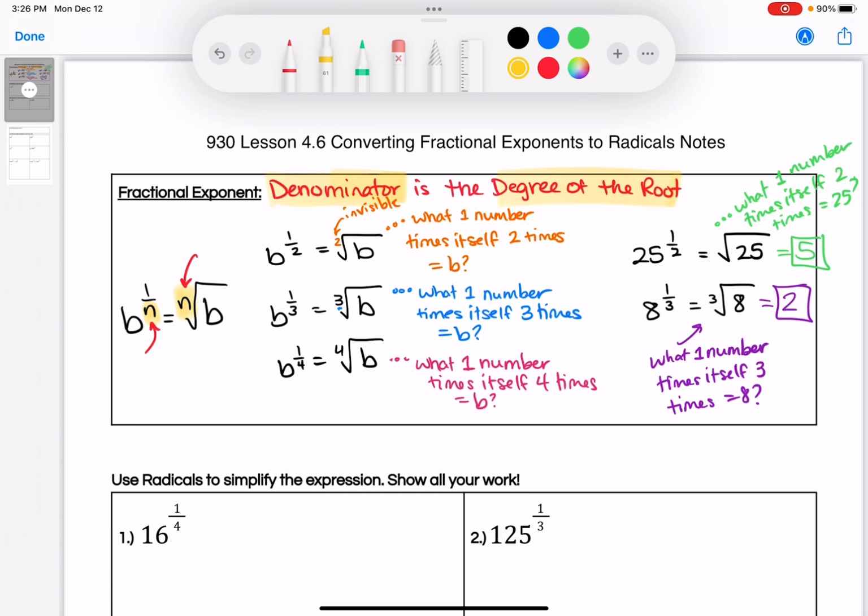What are you multiplying by itself, how many times? So if you try one more here, maybe you can figure this out. What is b to the 1/8 power?